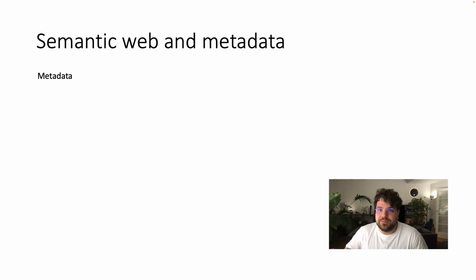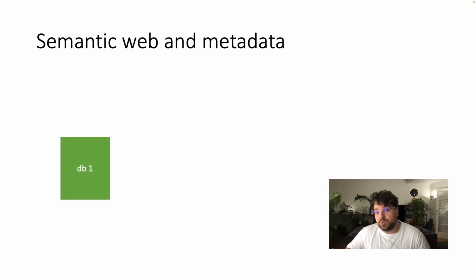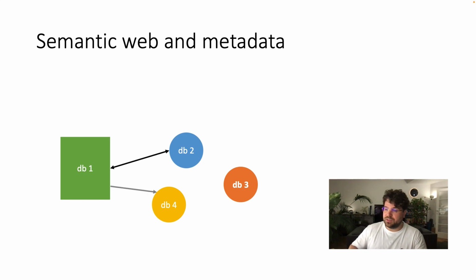We go back to the metadata example, and you see here that there's a field that is an identifier in another database. We start with our own database, and this other database might be database 2, which is pointed to each other. So our database that we are creating is database 1, and that one has a pointer towards database 2, and at the same time database 2 is coming to get some information from ours.